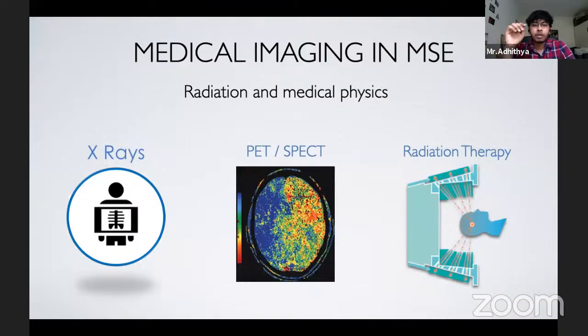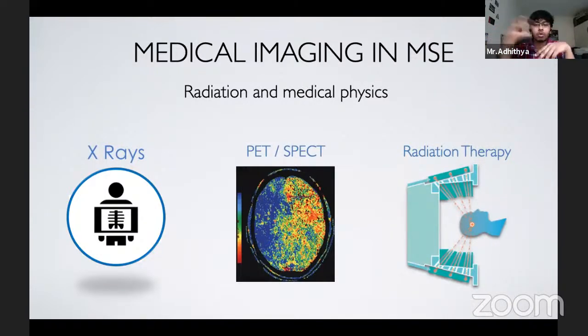How this works is, if you have a cell or tissue which is hyperactive, as in the case of cancerous tissues which multiply very fast and consume more energy and other vital chemicals, these tissues have higher activity. Because of higher activity, they also consume more of the radiopharmaceutical.